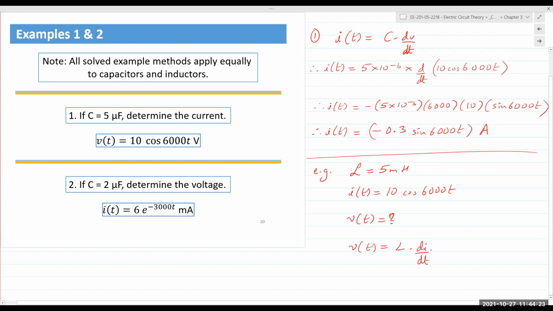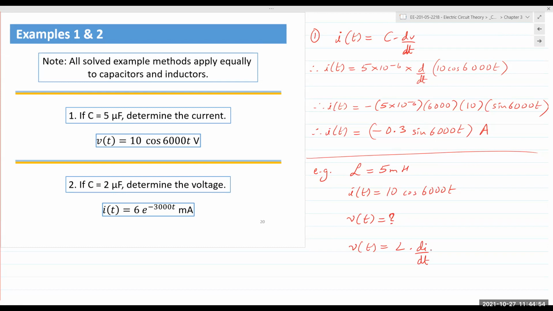So the same problem can be asked of an inductor. Inductor value is so and so, and then I of t, inductor current, is given to you as something. Find V of t. Simply plug it into the equation. Solve it the exact same way. Does everybody understand? So the examples are all about capacitors, but they could apply equally to an inductor also.